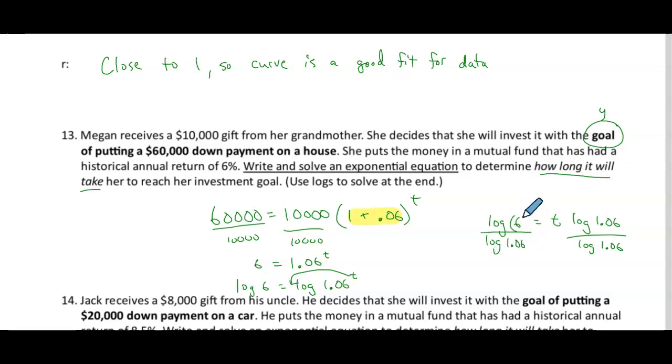Type it up carefully, use parentheses so we don't get that confused. And it turns out that t equals 30.75 years. That's how long it will take for the 10,000 to turn into 60,000.